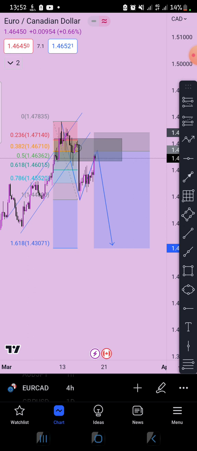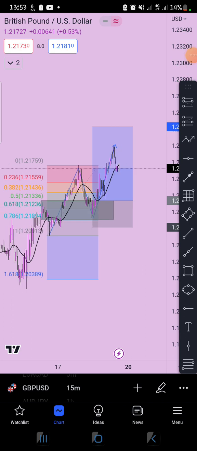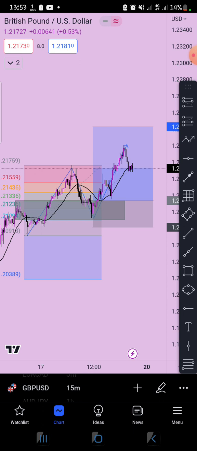Let me take you back to the previous example of the moving average plus Fibonacci retracement. We use now Fibonacci extension to estimate its take profit. Stay with me. Okay, so we are over here for the moving average plus Fibonacci retracement confluence. Now I want to use Fibonacci extension to estimate our take profit.